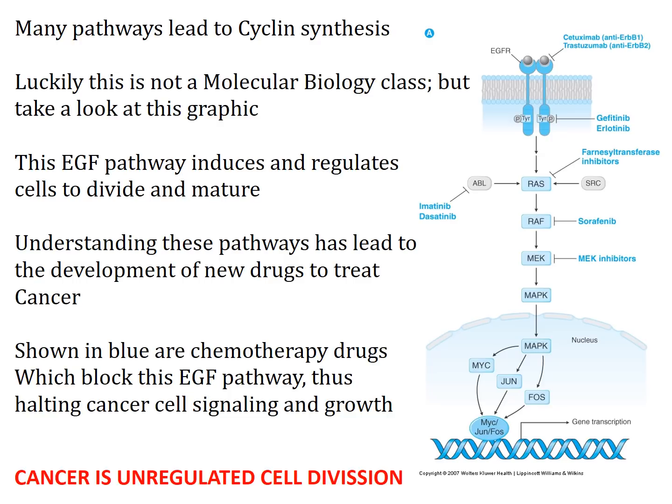As we talk more about cancer here in a minute or two, you're going to see that cancer is really unregulated cell division. And that cell division is dependent on a number of these different pathways generating cyclins to turn on DNA. So if we shut off the pathway, don't make the cyclins, cells don't divide, and we have a potential means of managing that individual's cancer.